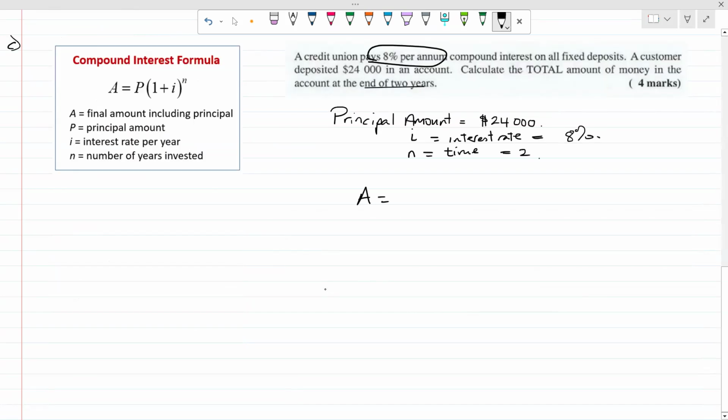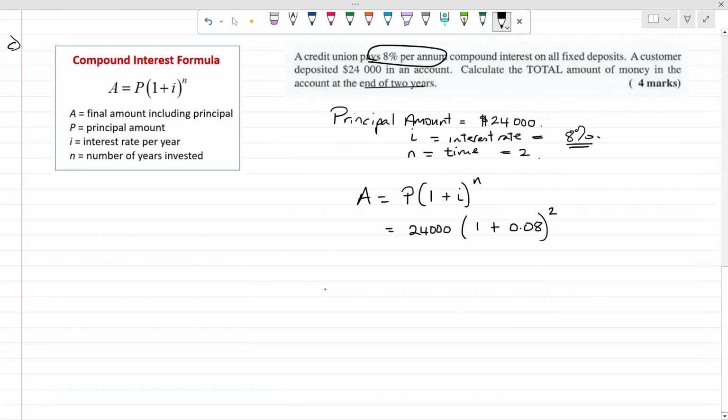A is equal to P by 1 plus I raised to the power of N. So principal is 24,000, open brackets, 1 plus, we could write this as 0.08 as a decimal. And the time in years is 2.